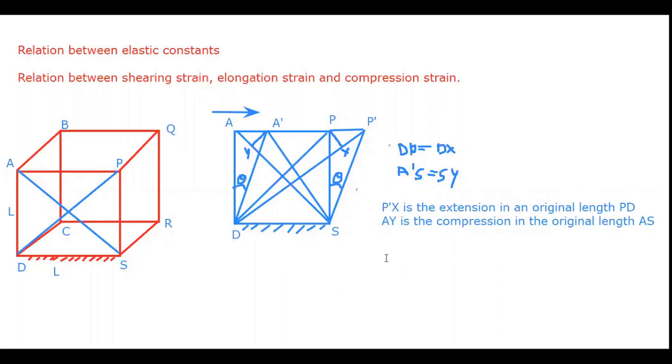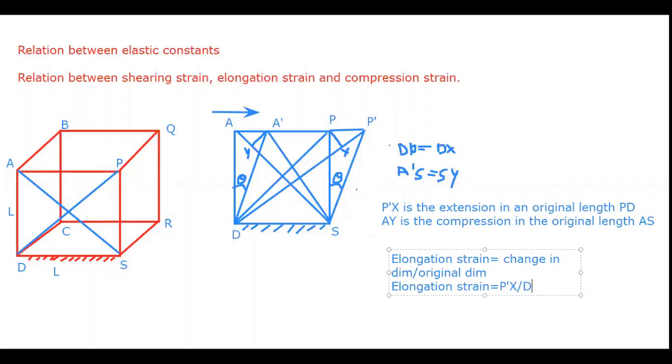So the elongation strain will be the change in dimension, P dash X, by the original dimension, DP.